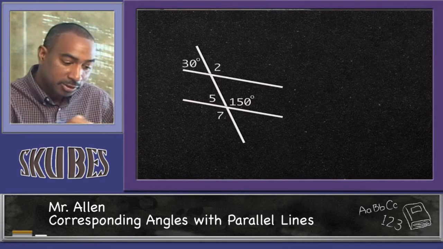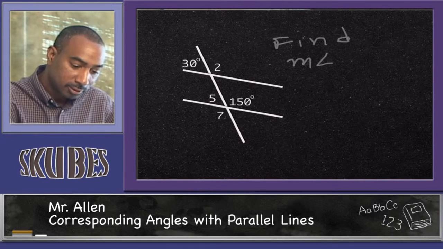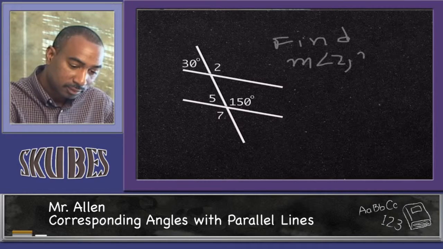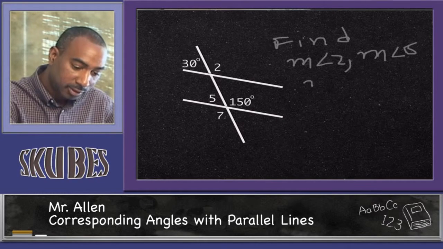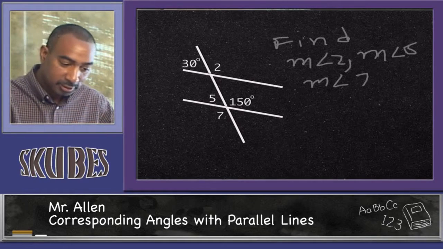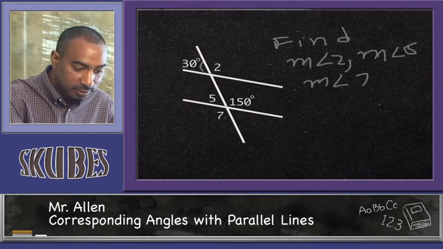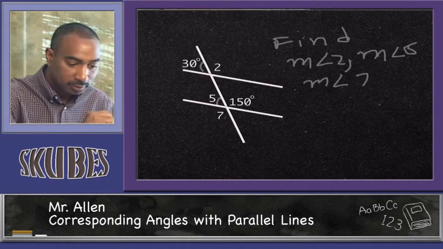Let's say I want to find the measures of angle 2, angle 5, and angle 7. Well, I noticed that these two angles correspond to each other.